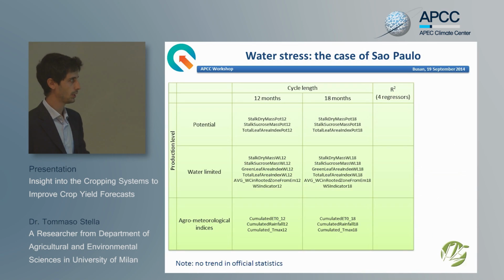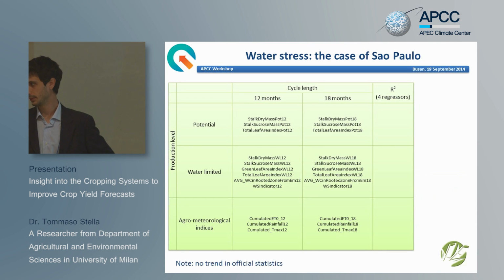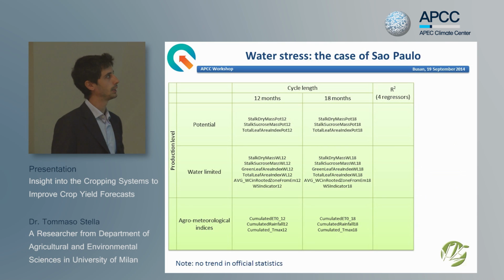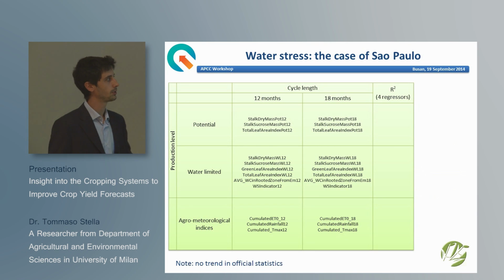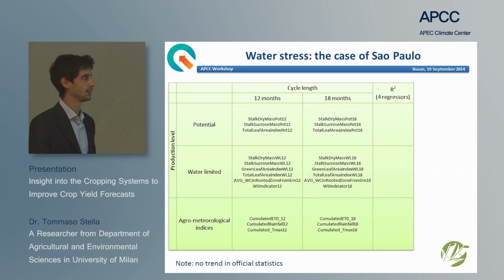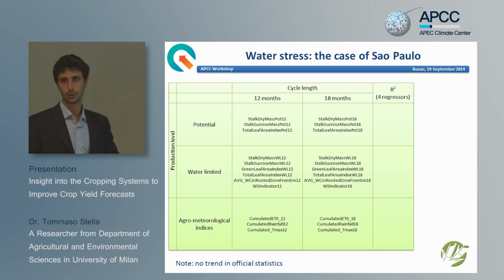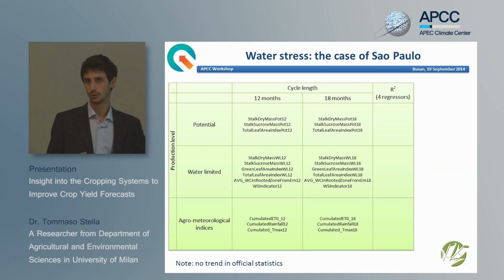To answer this question, we performed different tests and different multiple regressions using indicators coming from potential production and water-limited production. And we also tested some agrometeorological indexes. For each test, a maximum of 4 indicators was used in the regressions.